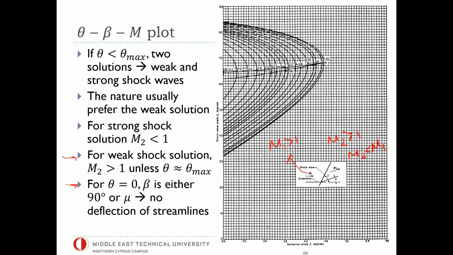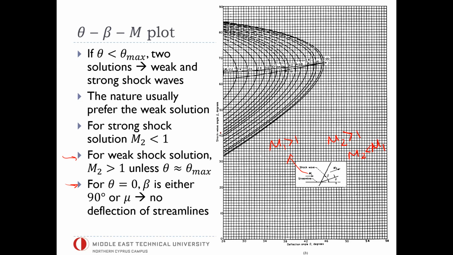Basically, what the oblique shock does is it helps deceleration of flow a little bit. It's not, of course, as strong as a normal shock wave, because a normal shock wave is so strong that it directly turns the flow into subsonic.